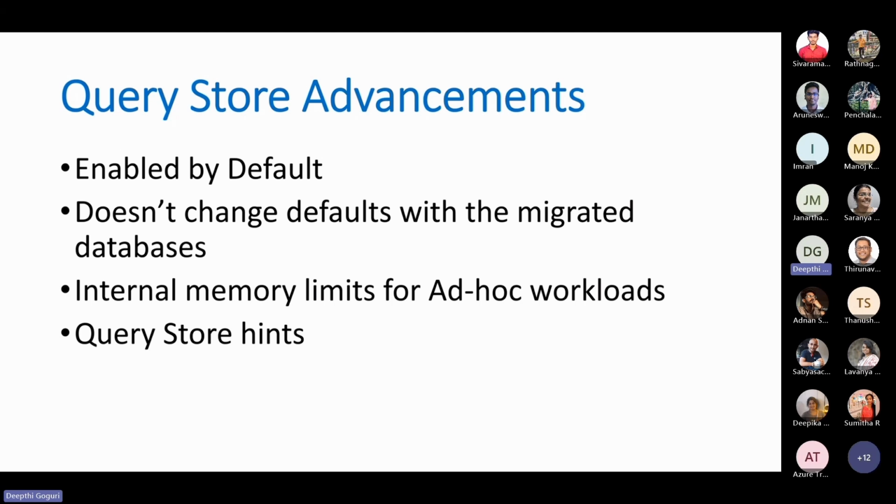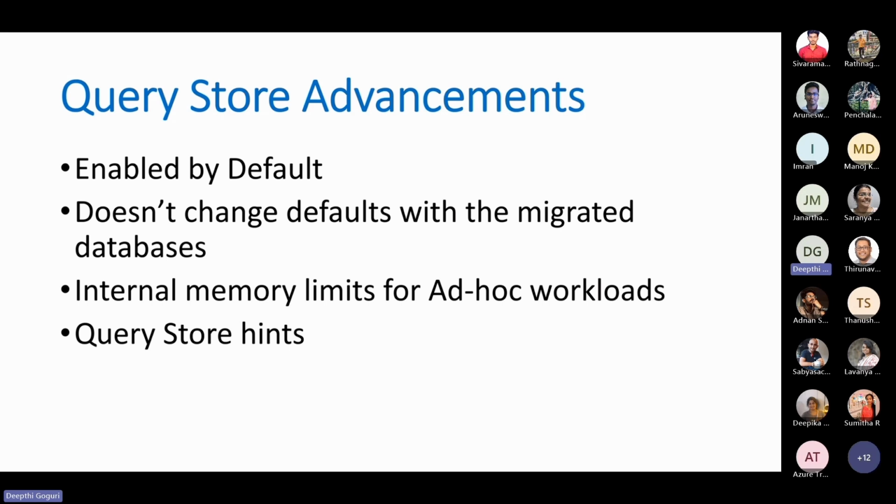But with SQL Server 2022, they have changed the internal limit. They have created a limit on how much space in memory these ad hoc workloads can use. Once that ad hoc workloads limit has been reached, it won't capture any additional ad hoc workloads. But previously, as there was no limit, ad hoc workloads would entirely blow up the query store. It would fill up the query store.